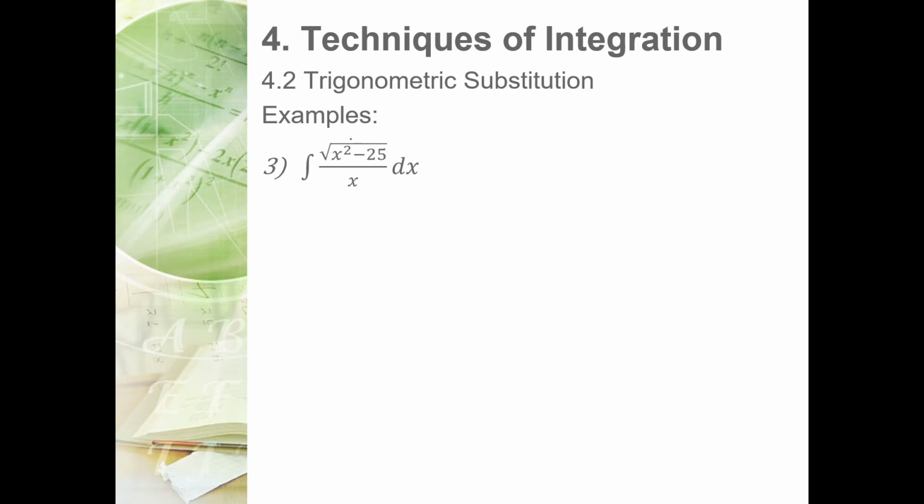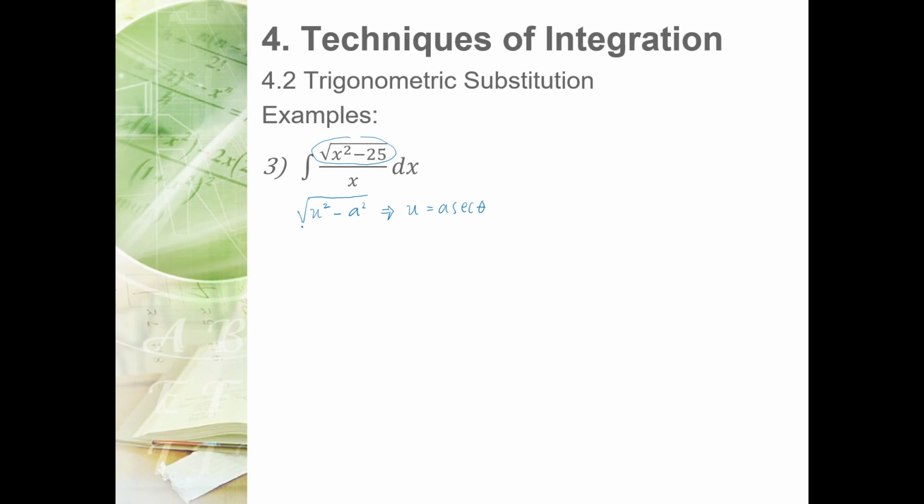So again, looking at the given expression, this one is u squared minus a squared, so variable squared minus constant squared. Our given formula would be u equals a secant theta.